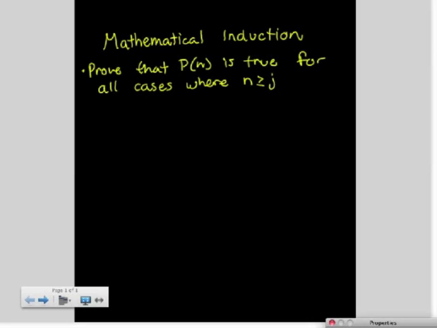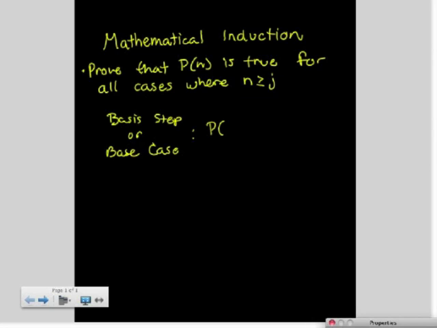So what you're going to do for mathematical induction, the first thing you're always going to do is your basic step or your base case. That is, you're going to take whatever the minimum is, so whatever j is equal to. If it says n is greater than or equal to 1, then you would do 1. If it's n is greater than or equal to 20, you would do 20.